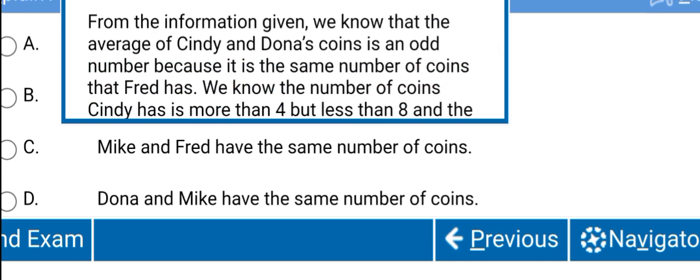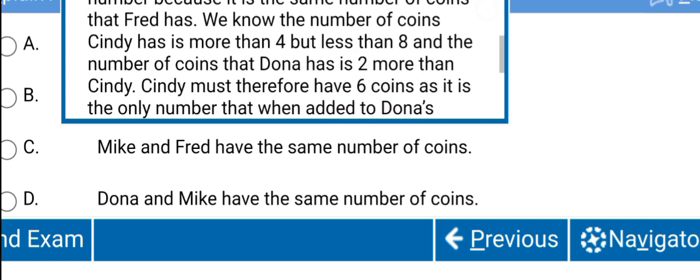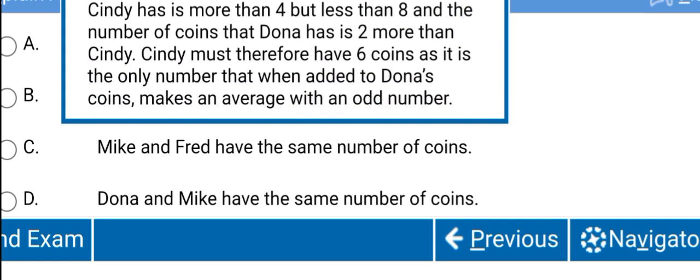From the information given, we know that the average of Cindy and Donna's coins is an odd number because it is the same number of coins that Fred has. We know the number of coins Cindy has is more than 4 but less than 8. And the number of coins that Donna has is 2 more than Cindy.